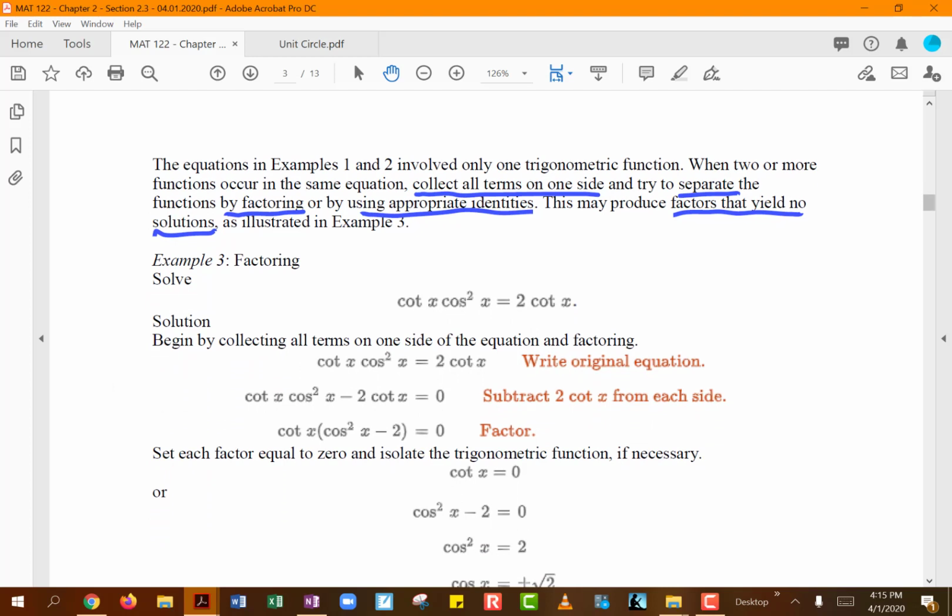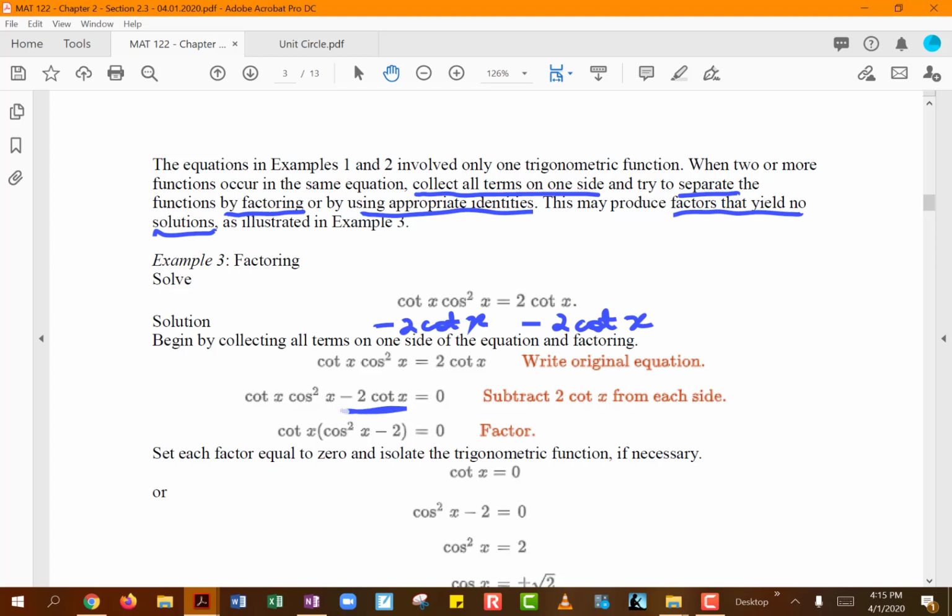So let's look at example 3 here. We've got cotangent of x times cosine squared of x equals 2 cotangent of x. So of course the first thing we're going to do is go ahead and subtract this 2 times cotangent of x and bring it to the left hand side.